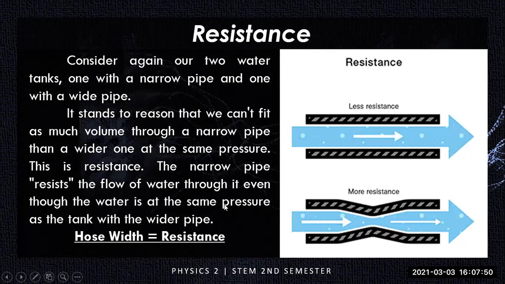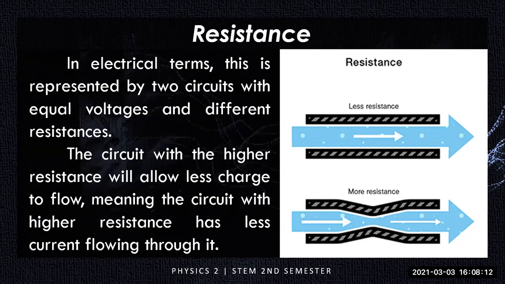Since we already have the thickness of the wire, we can now discuss what resistance is. For the resistance, we can relate it to the hose width. So the thickness or the thinness depends on its resistance. For example, if the material has thicker wire, it has lesser resistance, and thinner wire has more resistance.